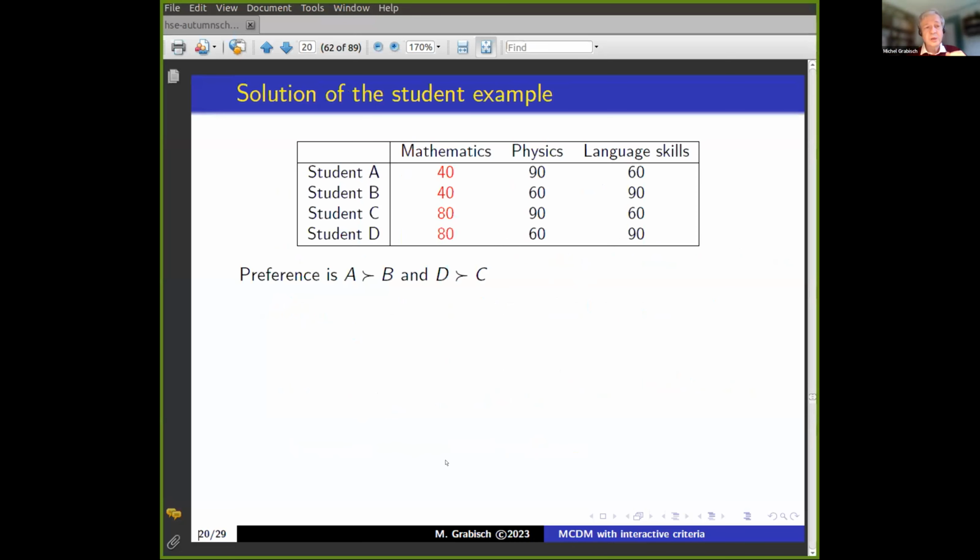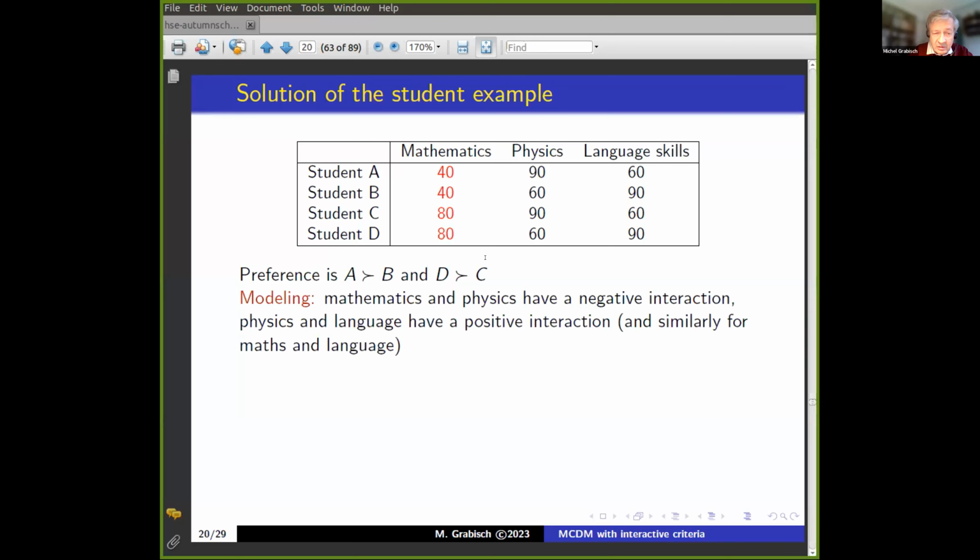So let's go back to our example. You remember the previous example. And now we are able to solve it because, let's think about modeling.